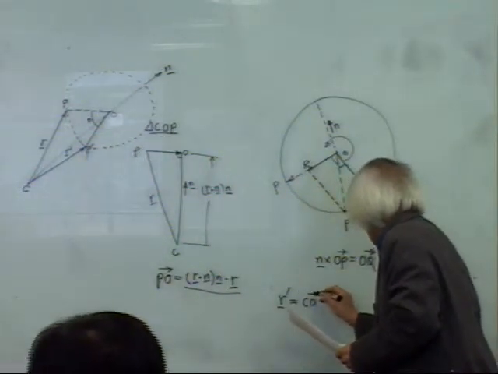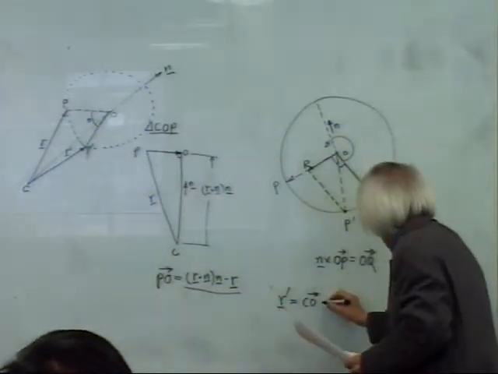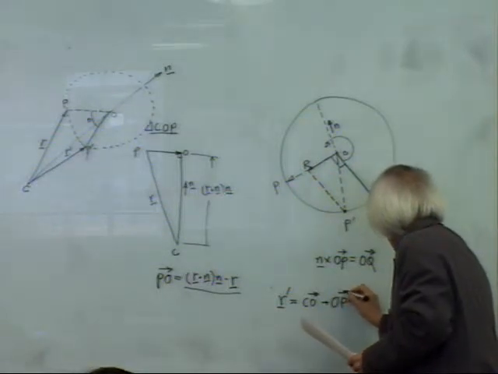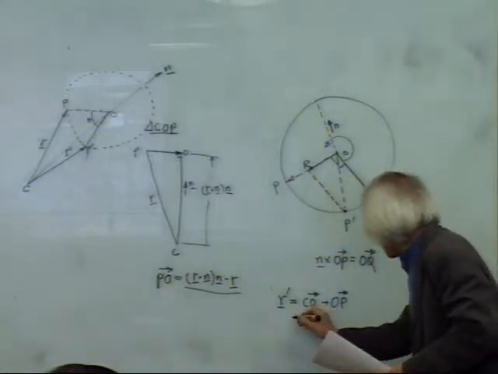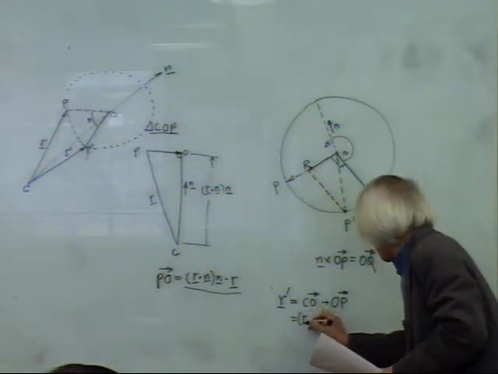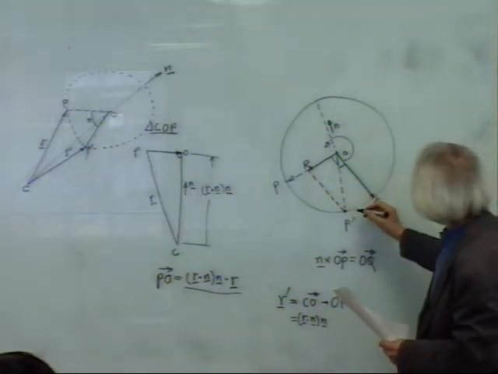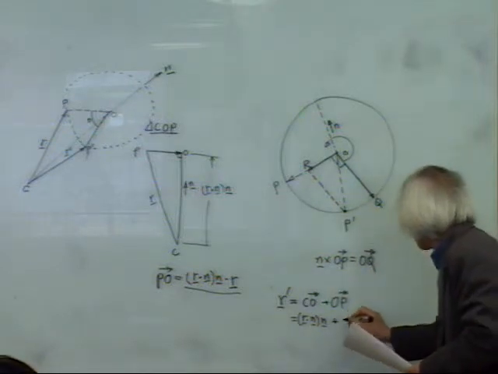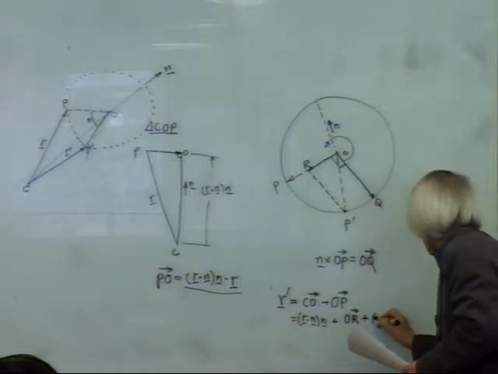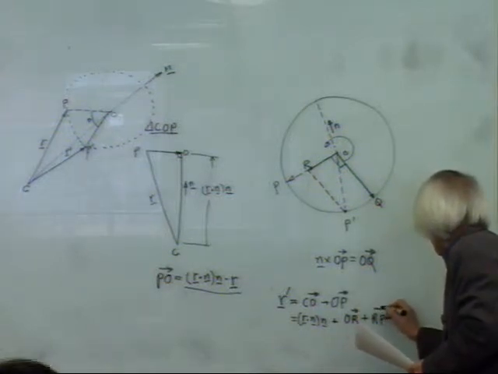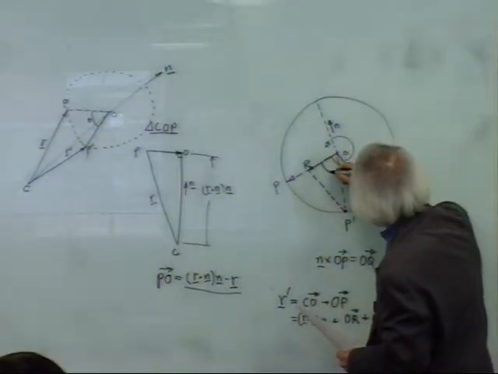CO. So I came from here to there. Then I have O to P. That's my R prime after rotation. I know this guy. This guy is nothing but R, and then OP is OR plus RP prime. Okay? So this angle is theta.